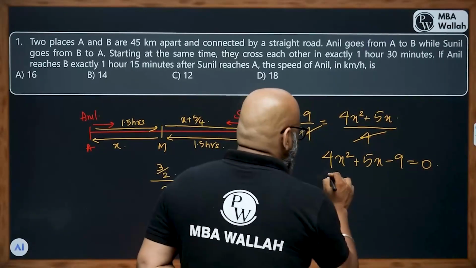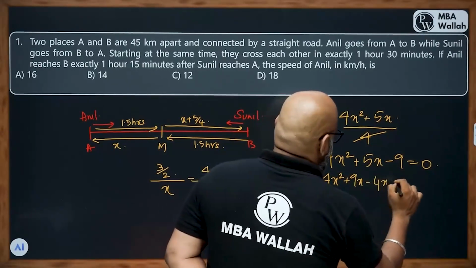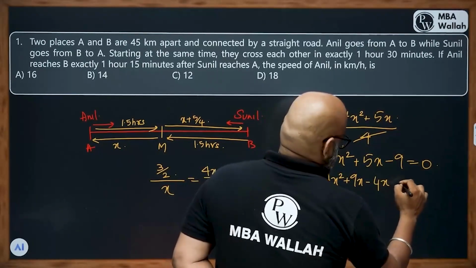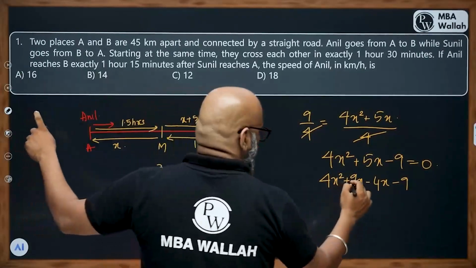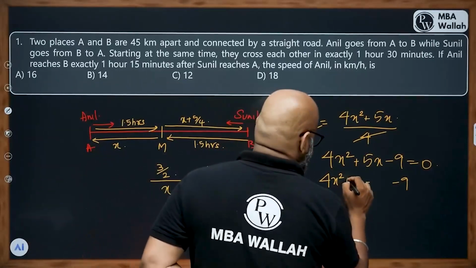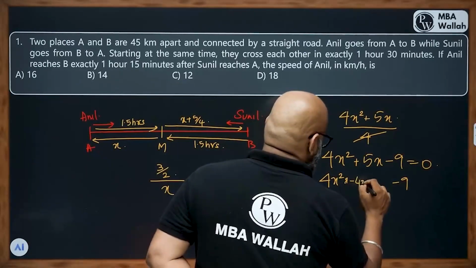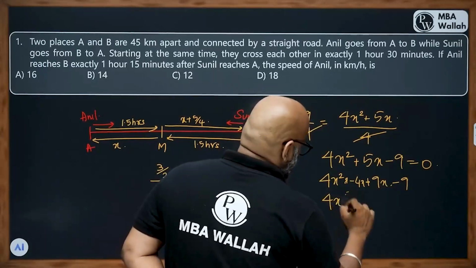So I'm going to say 4x square plus 9x minus 4x minus 9. Or let me rewrite it the other way so that we can take the 9 and 4 common. Can write this as 4x square minus 4x plus 9x. I can take out 4x common here.